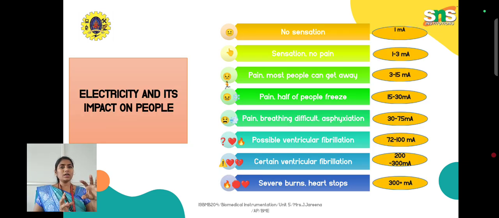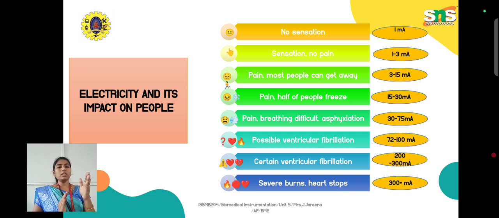And this slide is about electricity and its impact on people. It shows the physiological effects once electricity passes into our body, irrespective of range. What different physiological effects can happen inside the body is clearly explained in this slide.